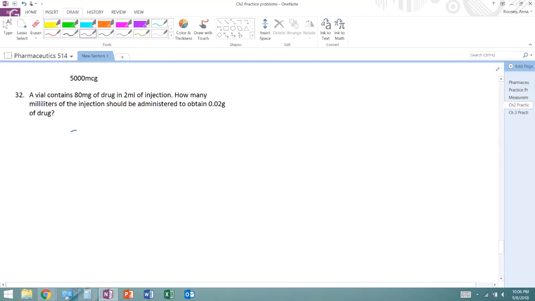All right, a vial contains 80 milligrams of drug X for every 2 milliliters of injection. How many milliliters of the injection should be administered to obtain 0.02 grams of the drug?